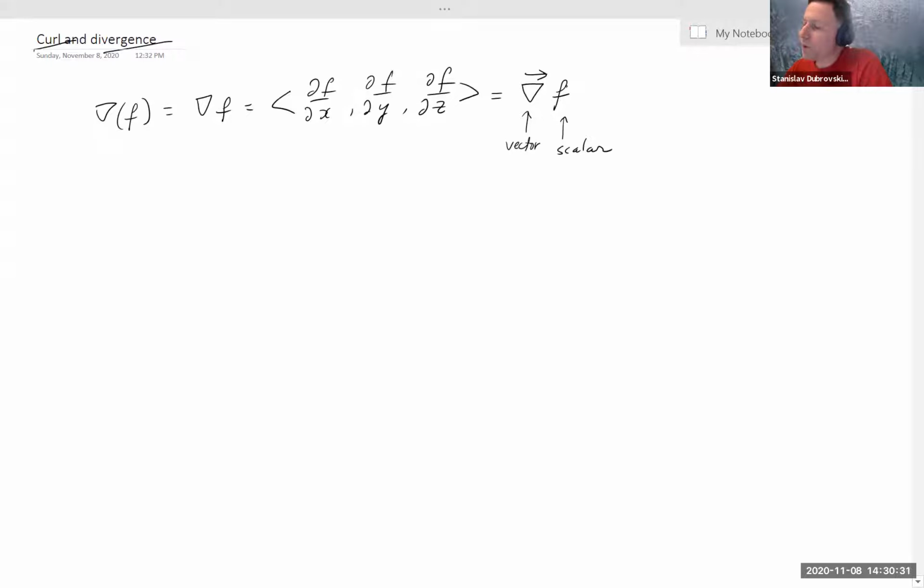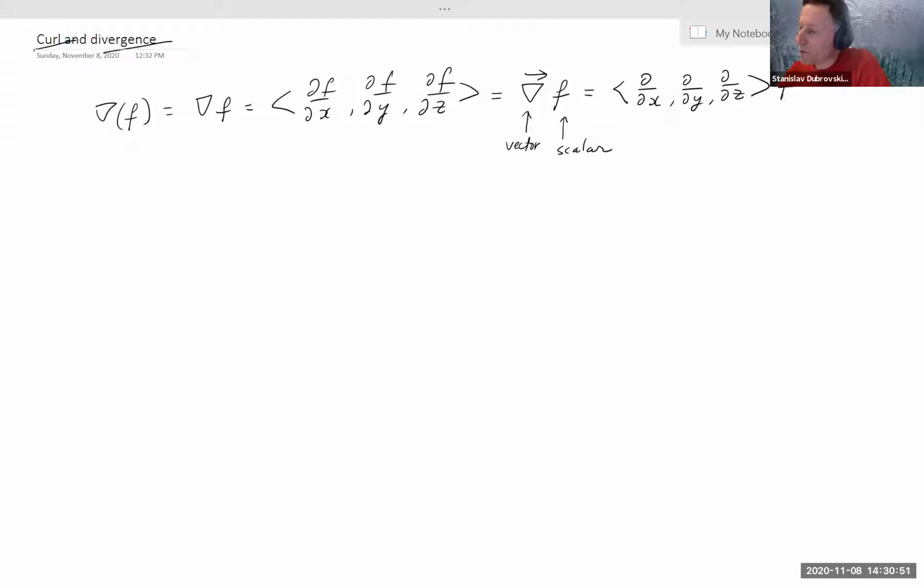So if we want to think then of a gradient as its own separate vector, then we will write it symbolically in components like this, dx, dy, and dz, and then apply it to f.